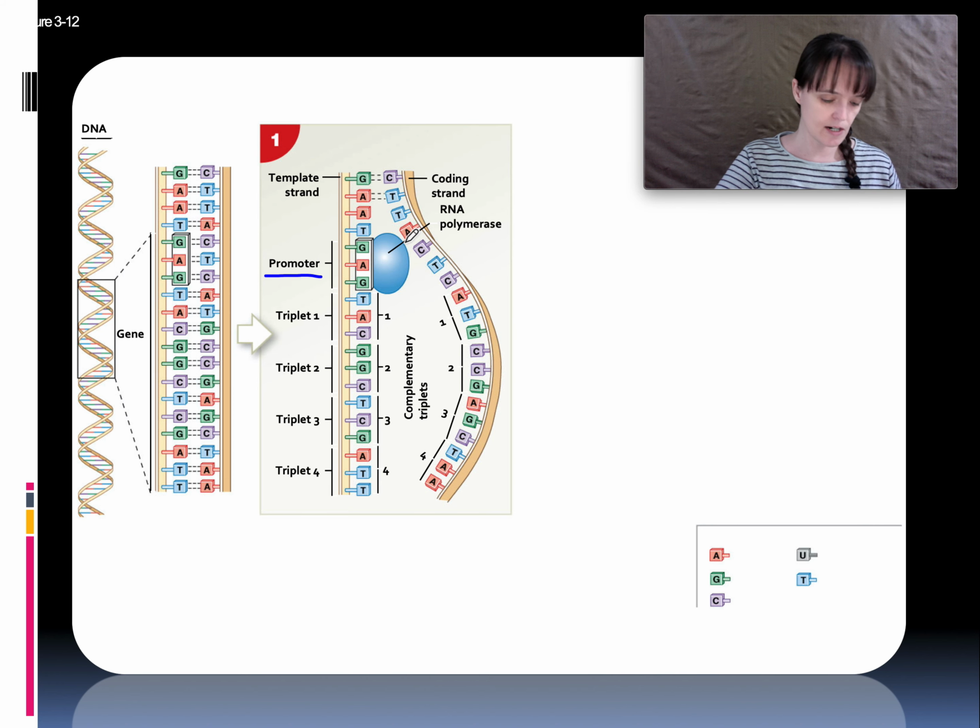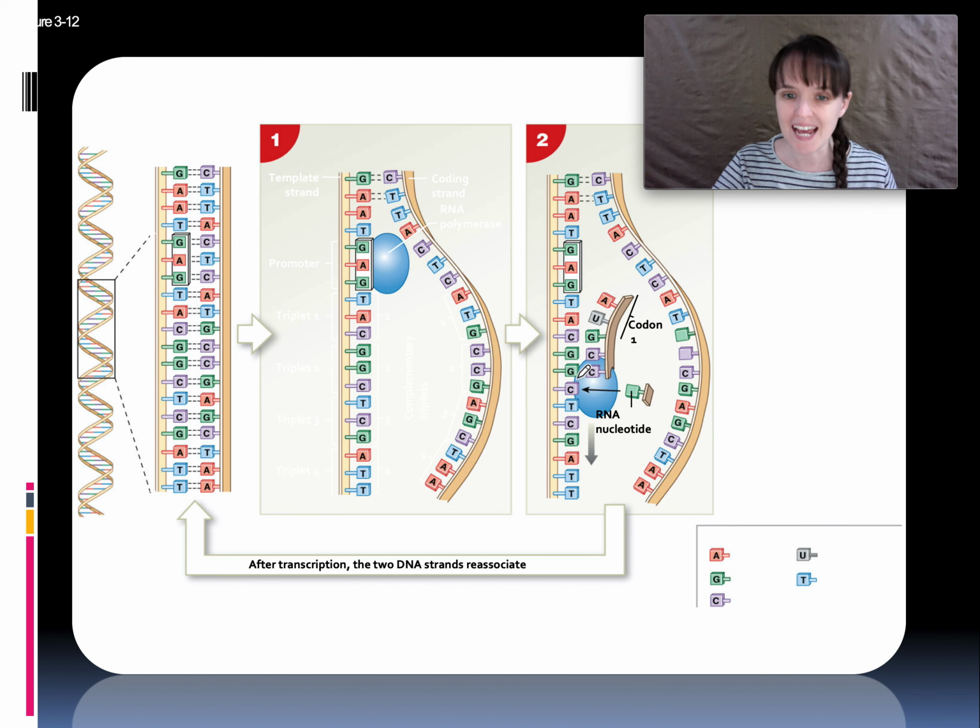And then the RNA polymerase moves down the template strand and it attaches, I need the next picture. There we go. It attaches the RNA nucleotides, which are just floating around in the cytosol already. And so it builds the mRNA strand with the complementary base pairs.